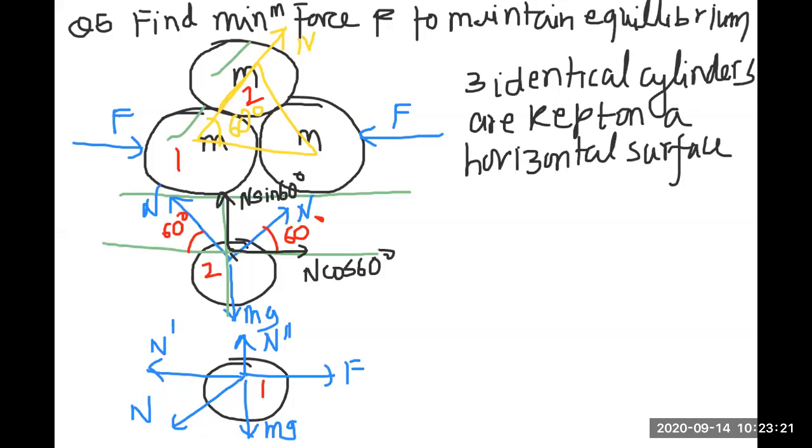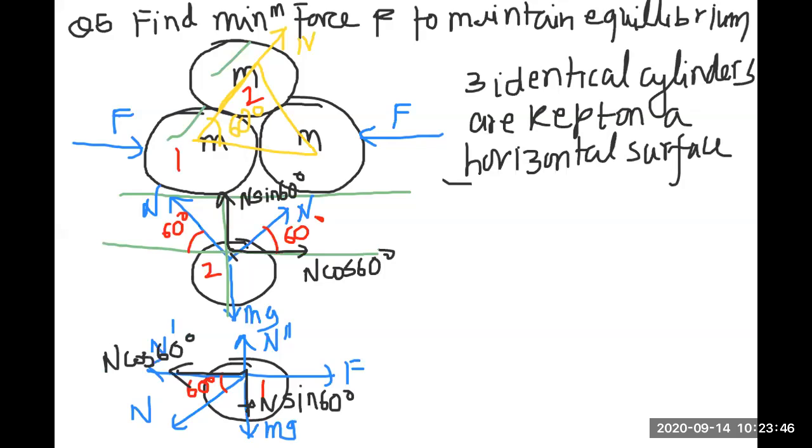Similarly, for this guy, horizontal से 60 degrees angle है, तो जो component हमारा नीचे आएगा that will be n sin 60 degrees, और जो component हमारा left में जाएगा that will be n cos 60 degrees.